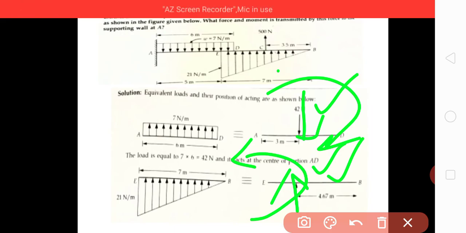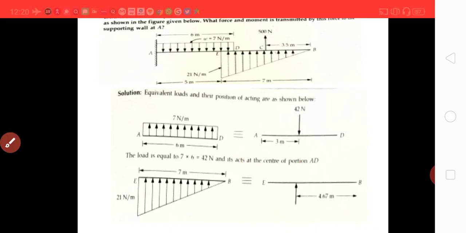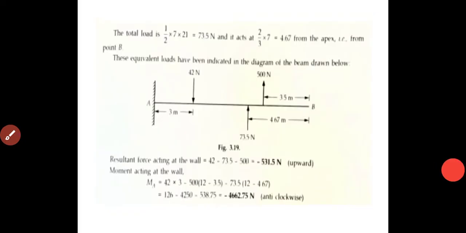You can just analyze it with respect to the point A. The total load is half into 7 into 21, that is 73.5 Newton, and it is 2/3 from the apex point B, that is 2 by 3 into 7, that is 4.67 from the apex, from the point B.